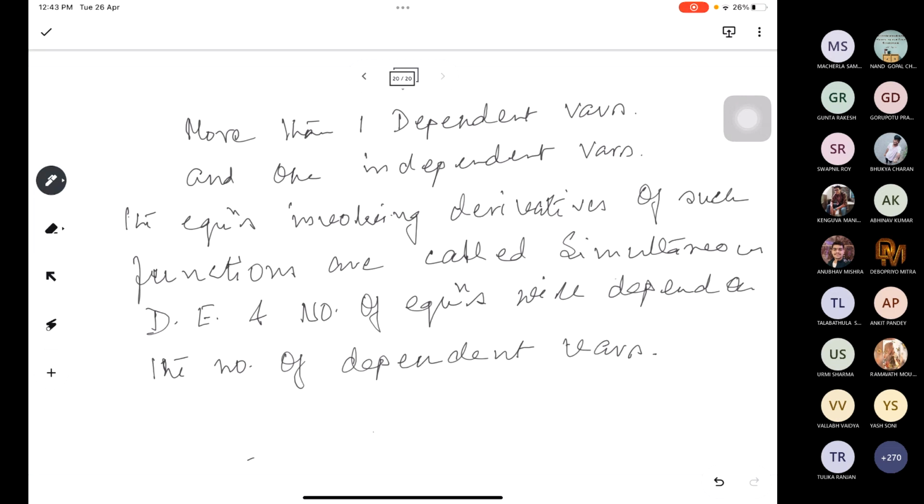So let us consider the method of solution of simultaneous linear differential equations, first with constant coefficients.